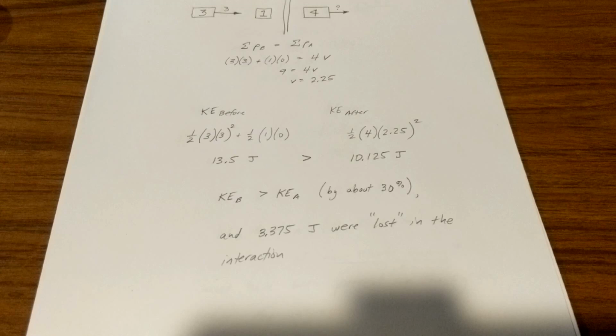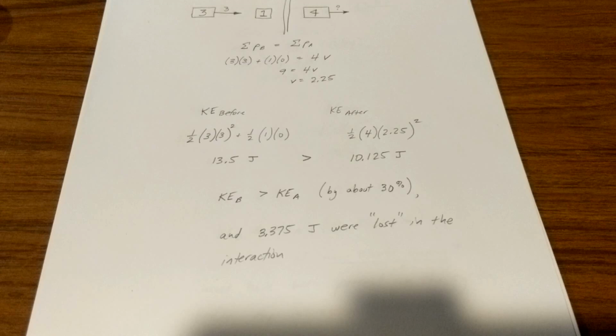The before kinetic energy is half mv squared for the mass of 3 plus half mv squared for the mass of 1. And for after, the kinetic energy is half m and the recently calculated v squared. When we work those numbers out, we find that the energy before was 13.5 joules, but after it was only 10 and an eighth of a joule.